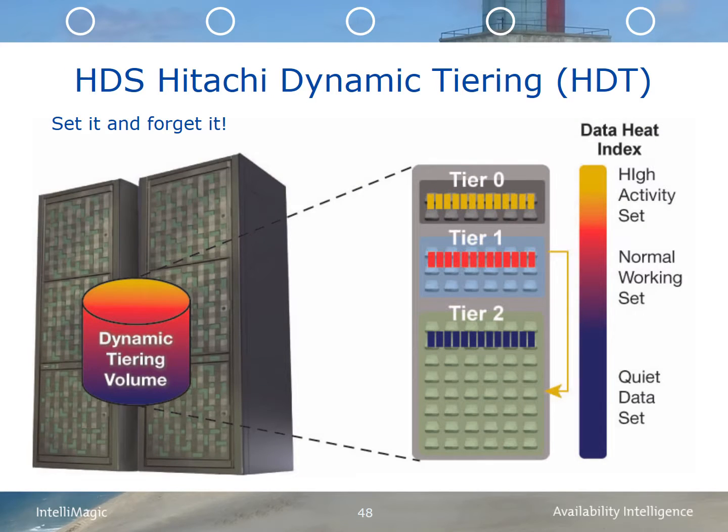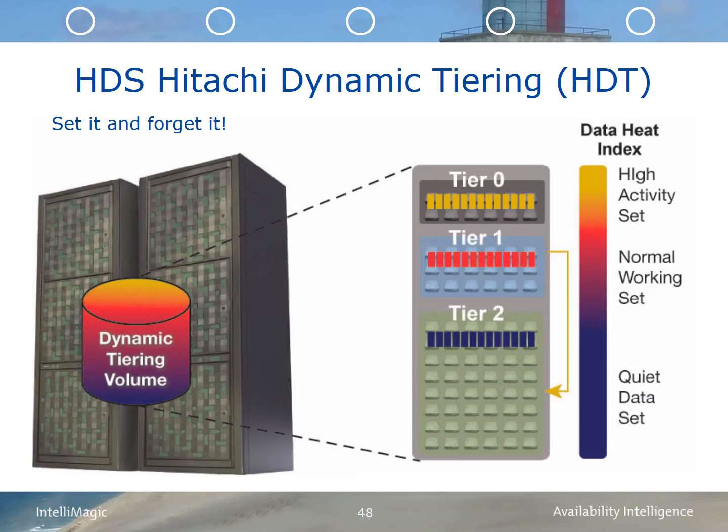The HDS auto tiering is called Hitachi Dynamic Tiering, or HDT, and its goal is to optimize the distribution of IOs across the available disk resources. It typically consists of 3 tiers: the fiber channel, the nearline, and then the flash or SSD at tier 0.